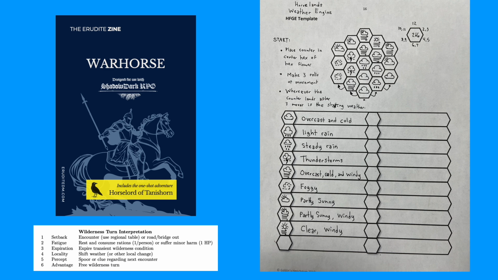So I'm going to have this Hexflower weather engine, potentially randomly interacted with by cards that are drawn, and do it on a hex by hex basis all along the journey to the destination place of adventure. And in addition to what kind of tools I'm going to use, I also have a couple of objectives in mind.